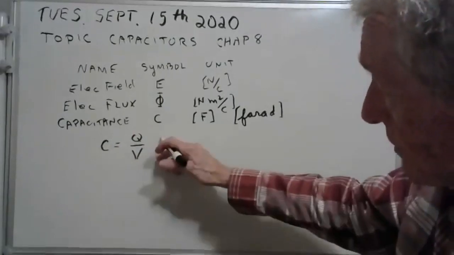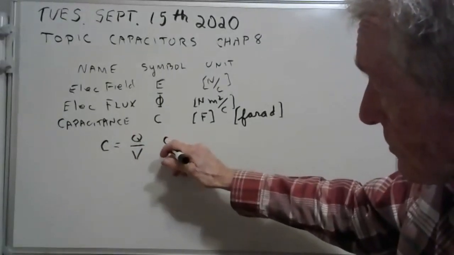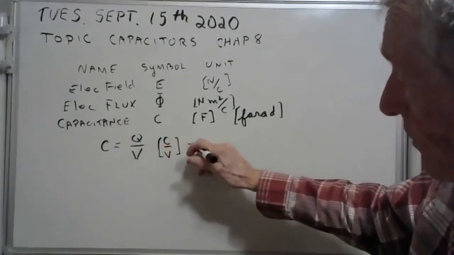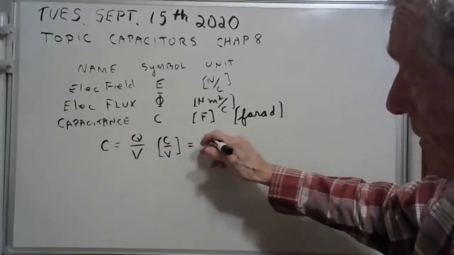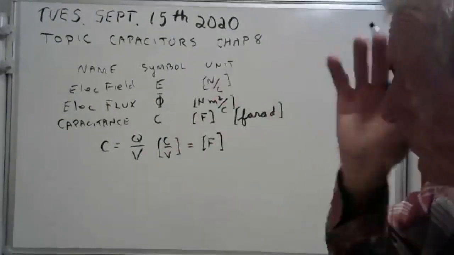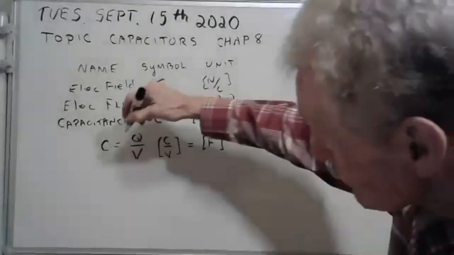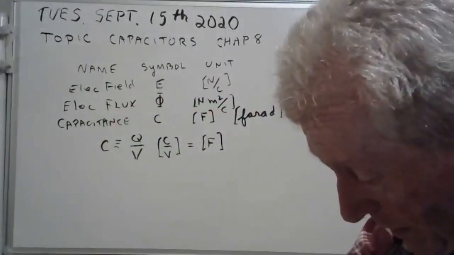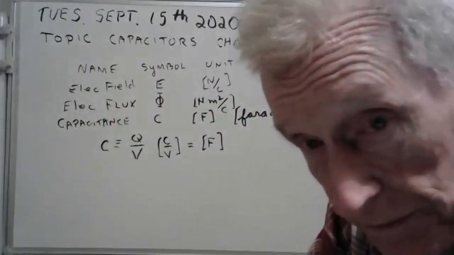So what that is coulombs per volt. That's what a farad is. A farad is a coulomb per volt. This is the defining equation of a capacitor.